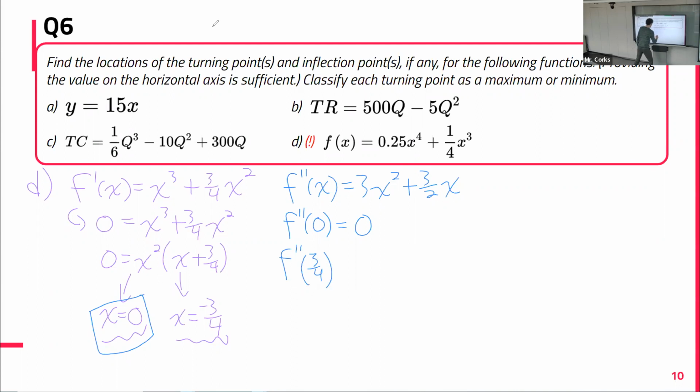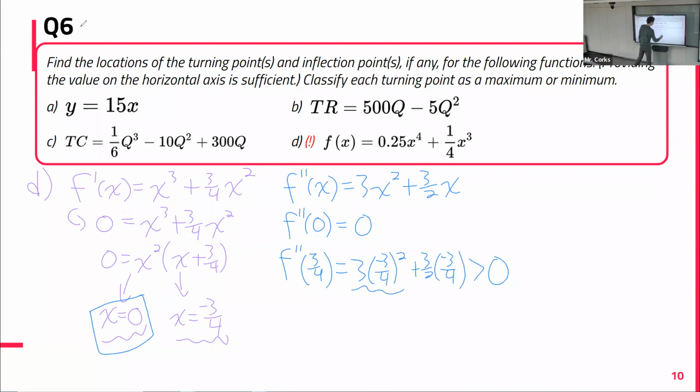So negative 3/4. Second derivative at negative 3/4: 3 times negative 3/4 squared plus 3/2 times negative 3/4. Yes, sorry, thank you. All right, what's our result of this? It's positive or negative? Okay, so this whole thing will be positive.